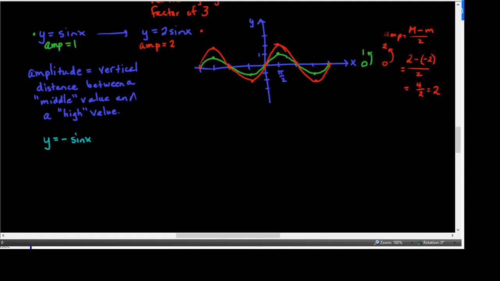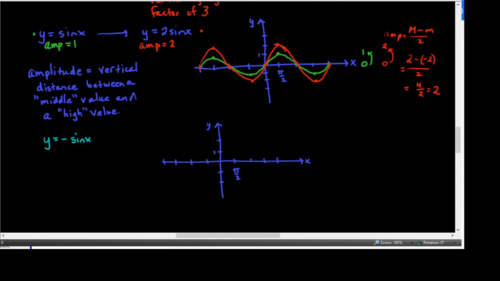It happens to be -1. So when we go to graph this one, I'm going to give it its own grid. We're going to take the regular values of sine of x. So we're going to be looking up there at the green one for our inspiration as to what our outputs for the normal graph would be, and use those to get the outputs for this one.